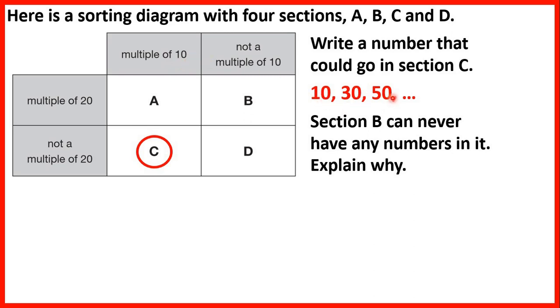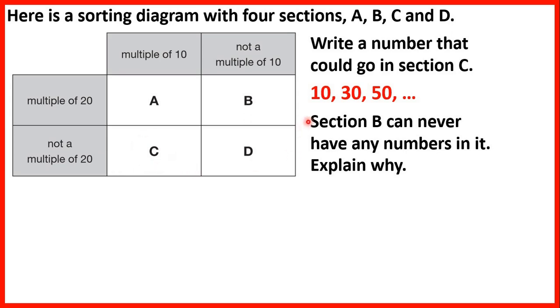They're in the 10 times table, they end in a 0, but they're not a multiple of 20. They're not multiples of 20 because if we divided 10, 30 or 50 by 20, we would get a remainder. These numbers are not numbers that we get by counting in 20s.